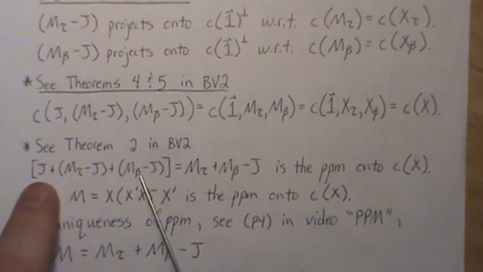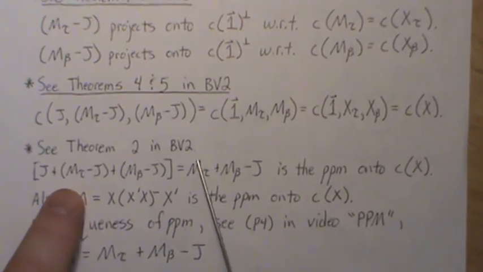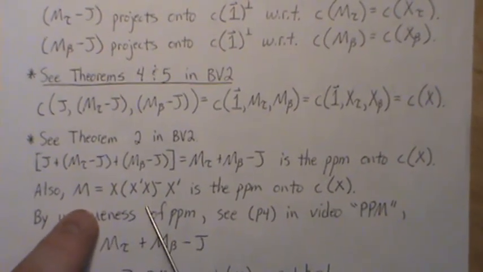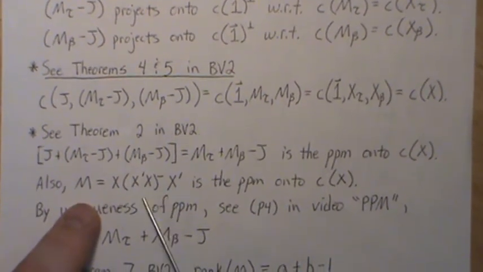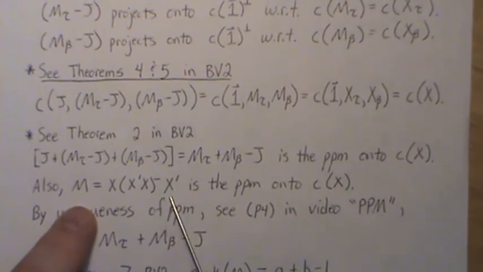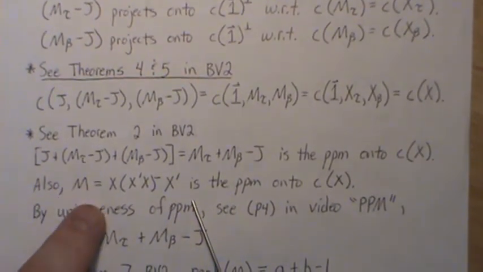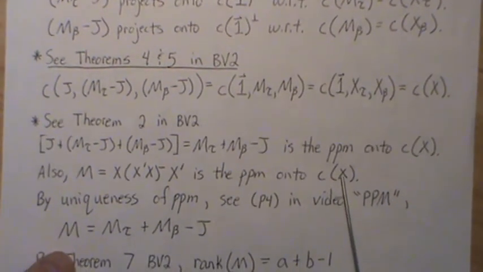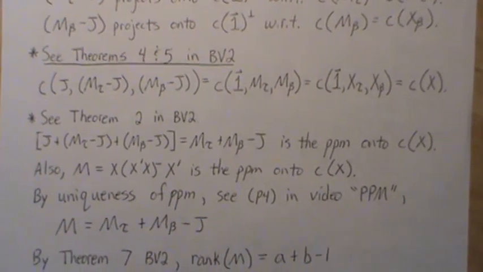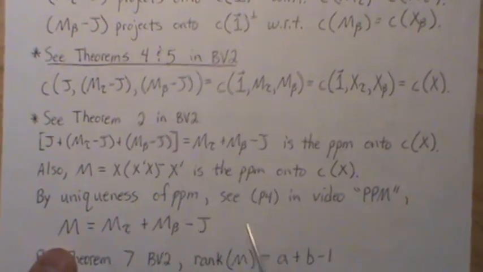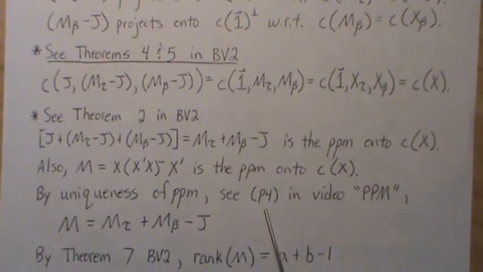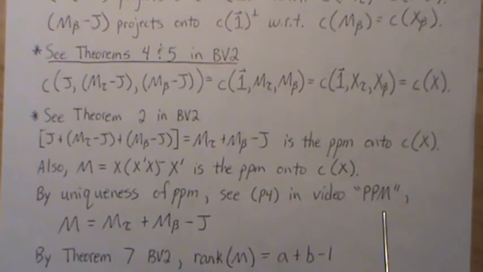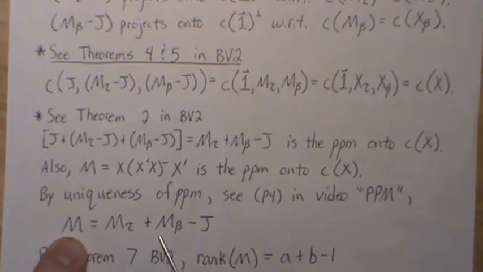Now if you do this addition and subtraction, you end up with this. But we also know this is how you create a perpendicular projection matrix: X transpose X generalized inverse X transpose. We know for a fact that that's the perpendicular projection matrix on the column space of X. But since perpendicular projection matrices are unique, and I must say, see property 4 in a video that I titled Perpendicular Projection Matrices, those two have to be equal.